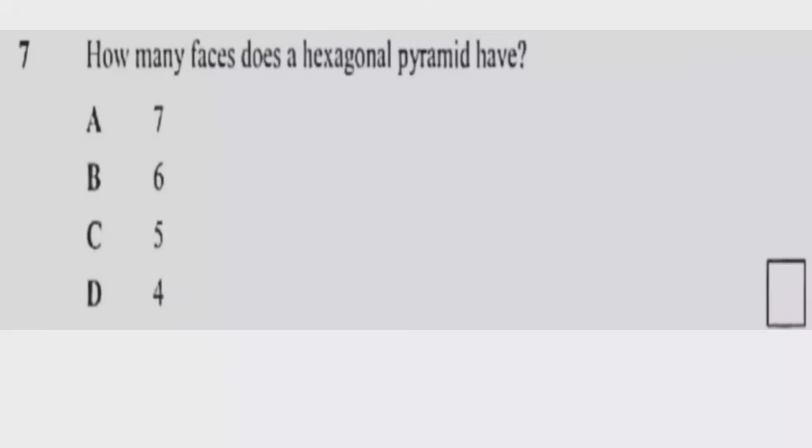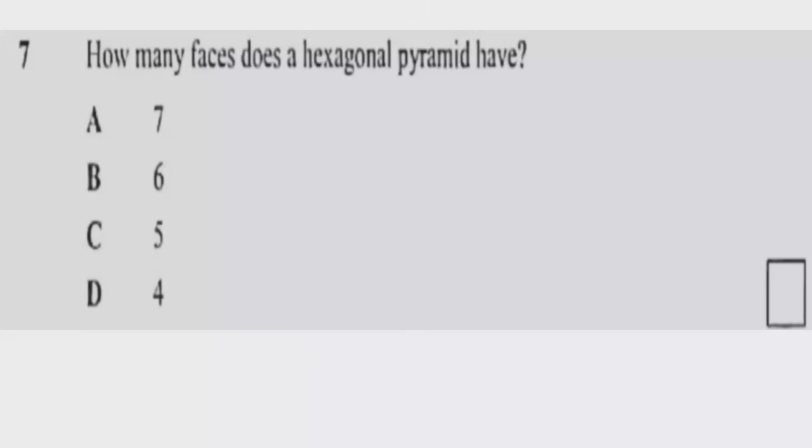Question 7, which is: how many faces does a hexagon pyramid have? A hexagon pyramid is a pyramid that is made of a hexagon shape at the bottom.